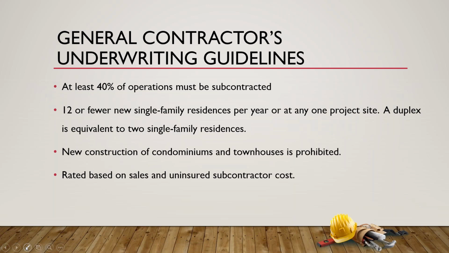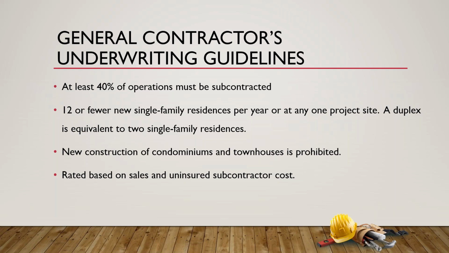For the criteria and the underwriting guidelines for general contractors, at least 40% of their operations must be subcontracted out. So a lot of times you'll see a general contractor who subs out most of their work, but they may have one or two employees that do specific things for them, that may do just the framing for their operations or may just do the plumbing.